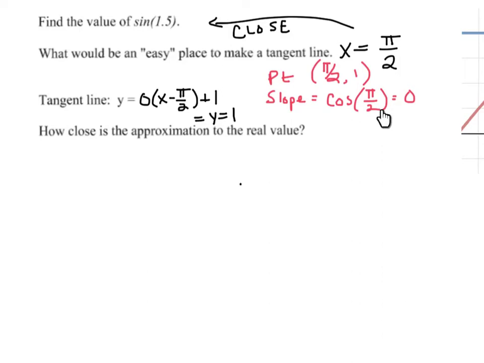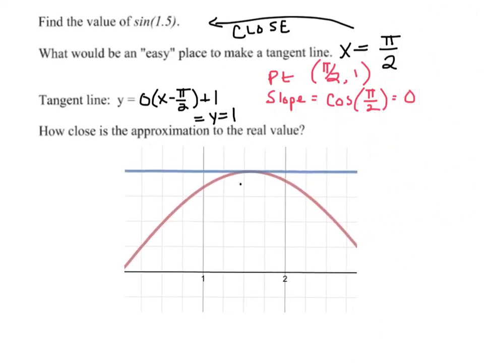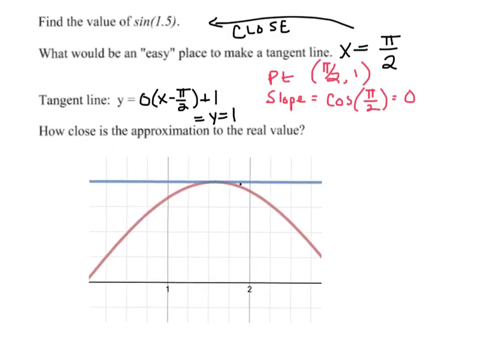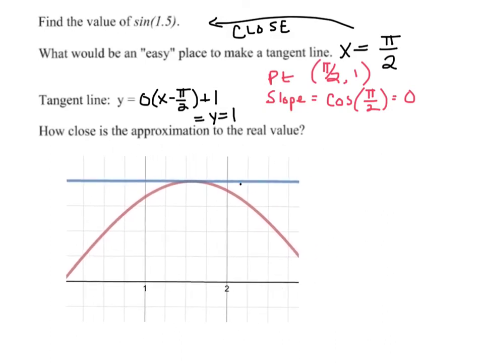And let me drag this in. I made this graph. You can see that they're actually tangent at pi over 2, but think now 1.5 is right here. Look how close they are. I didn't find the actual value of sine of 1.5, but look how similar the line is.